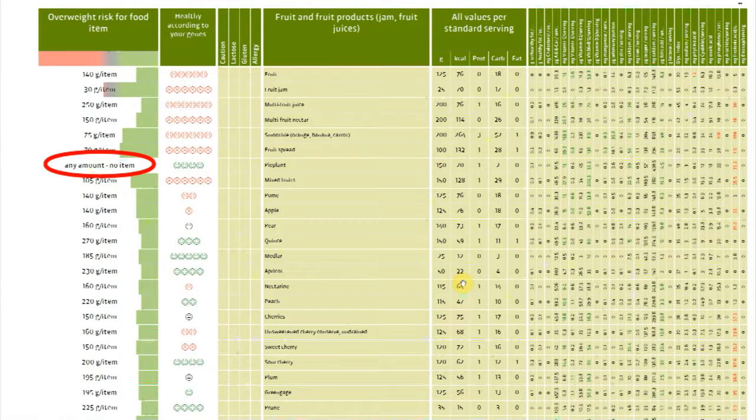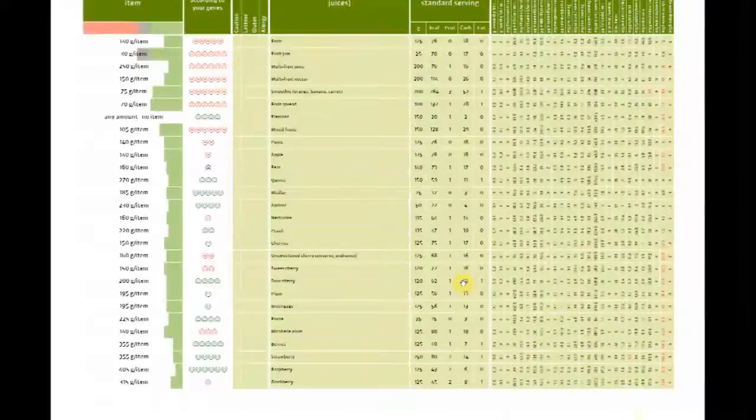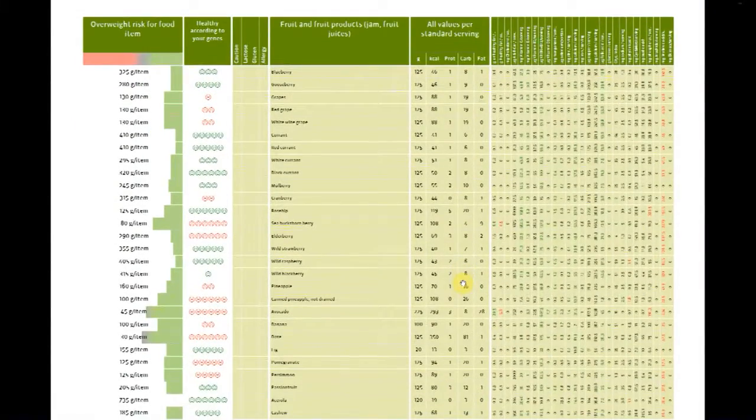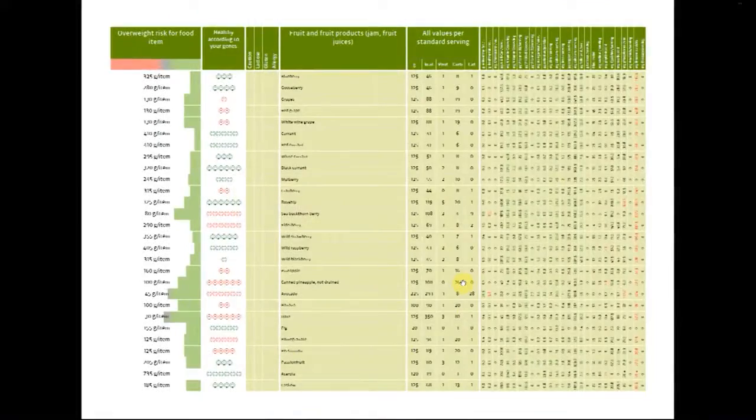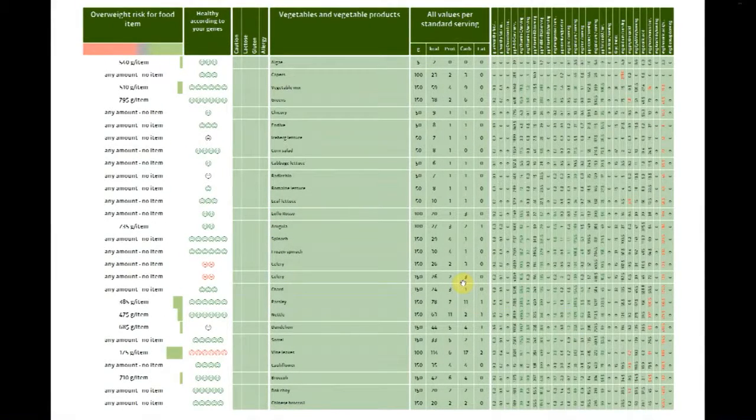This means in case you're ever hungry and you don't have any more food to eat because you've used up all of your items, then you can just look out for these and eat as much as you want. For different categories, in some cases you're going to see this quite a lot. Here, for example, all different types of salad and so on. So any amount, no item is a good intermediate snack in case you don't want to gain weight.